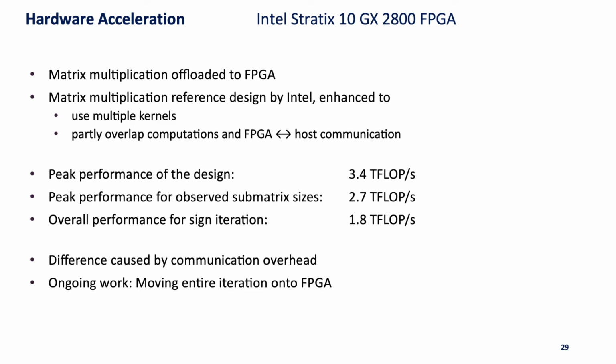And in theory, our design would be able to achieve 3.4 teraflops, but for the observed submatrix sizes, this drops down to 2.7 teraflops. In the end, we were able to get 1.8 teraflops for the entire sign iteration. The difference here is mainly caused by communication overhead, so we are currently working on moving the entire iteration scheme onto the FPGA.